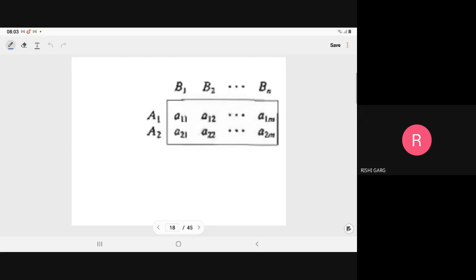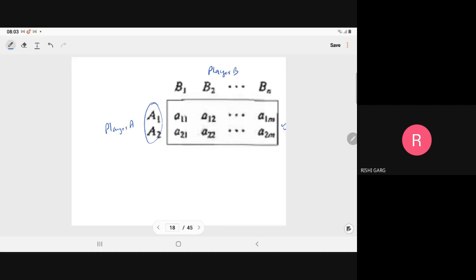So what I have told you, here we have the payoff matrix for the player A. On this side we write all the alternatives of the player A, and here we have all the alternatives of the player B. So here you can see player A has only two alternatives, A1 and A2, and player B has the alternatives B1, B2, Bn, and corresponding here we have the payoff matrix.